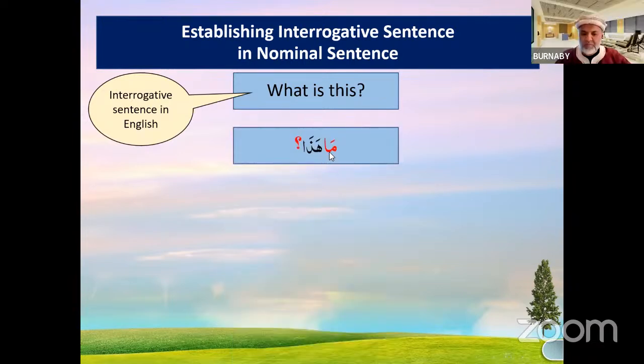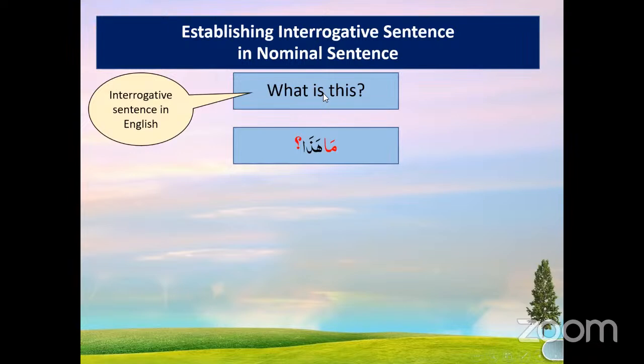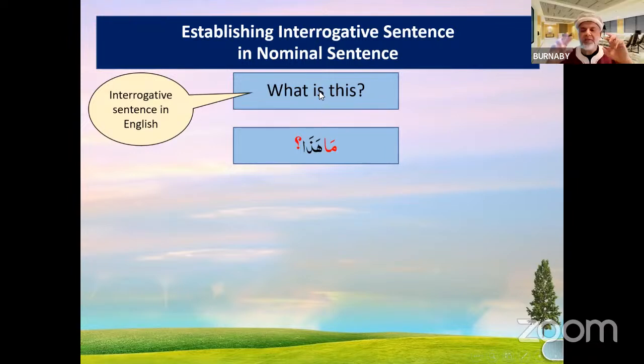The question word, or the ism of question, comes at the beginning of the sentence. Ma haza. This is the Arabic of "what is this?" Now, we know that in Arabic, the "is" does not exist. But we know that with the combination of the Arab in the nominal sentence, when the marifa nakira combination happens, this "is" comes into the picture automatically.